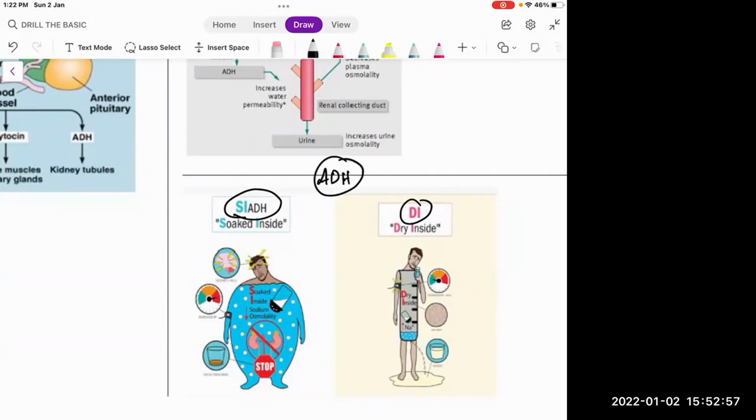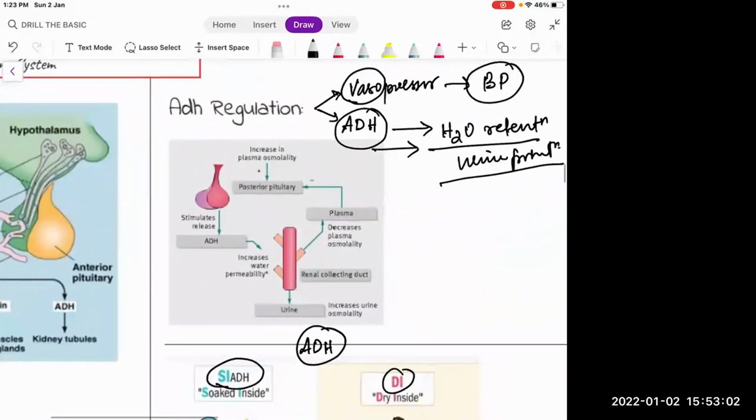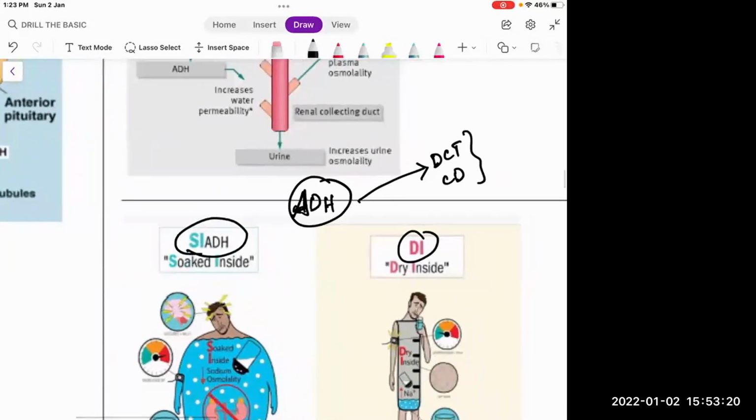We have seen ADH as a vasopressor; this is the second function of the ADH, maintenance of water level. Okay, so this ADH has its role in the distal convoluted tubule and collecting duct of the kidney. I will be quite fast, but please cooperate. I will just tell you the common functions.